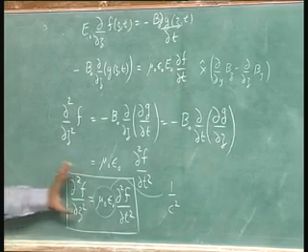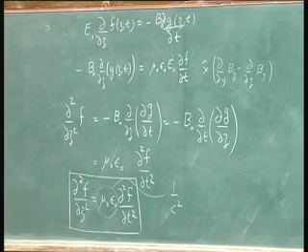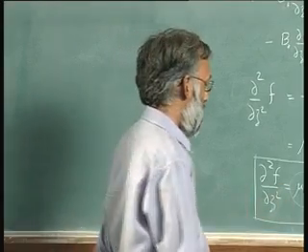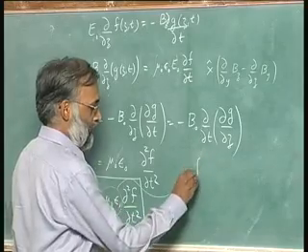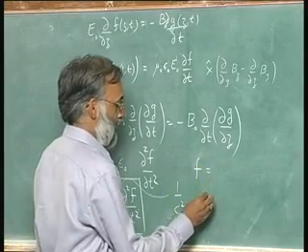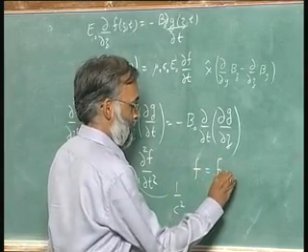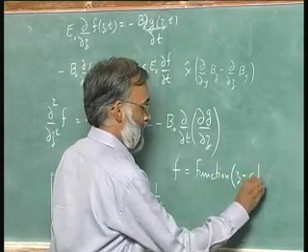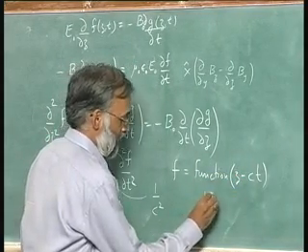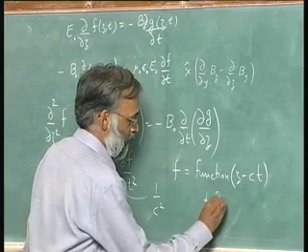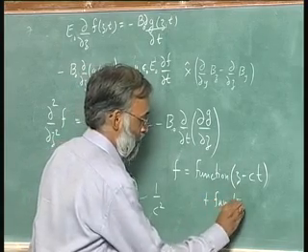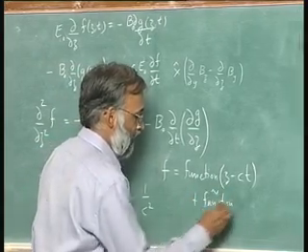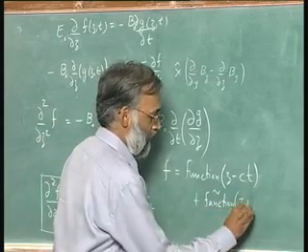But what is more important is, if you look at this equation, I will derive it next time, you will find that there are solutions f is equal to some function of z minus ct plus some other function, not the same function, so I will put a twiddle, of z plus ct.